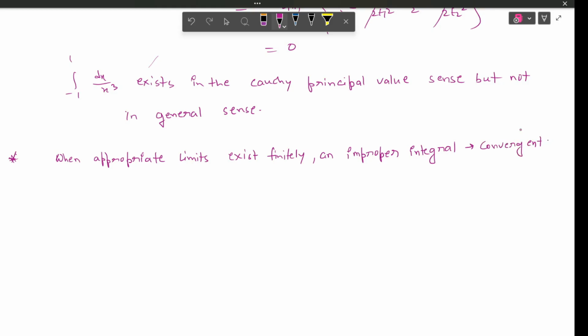And if it fails to exist or tends to infinity, then that improper integral is said to be non-convergent.